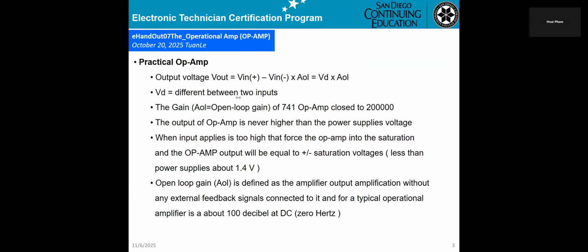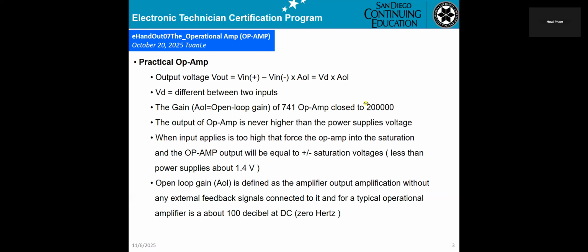And the gain, for the open loop gain, that means when you go with the IC only, without any connection. The part number is 741, and the gain will be 200,000.